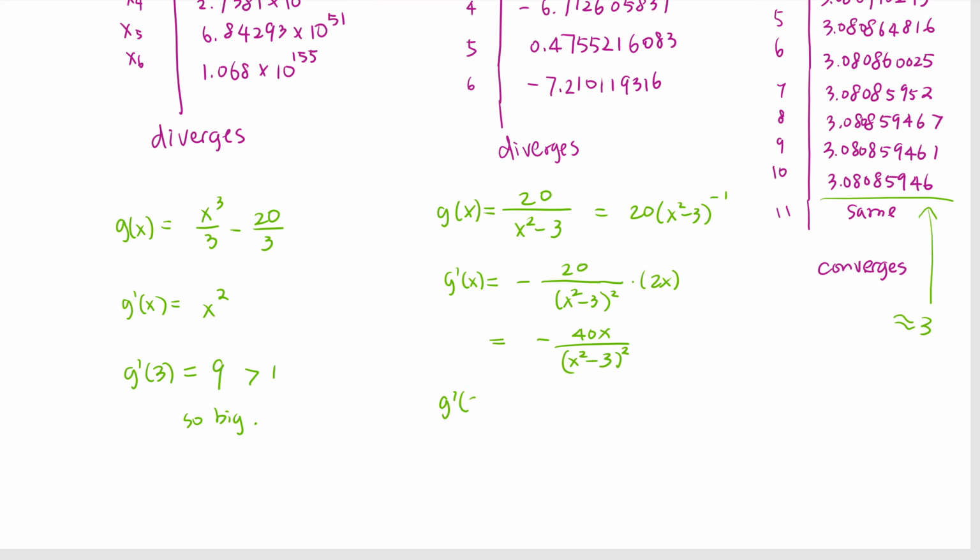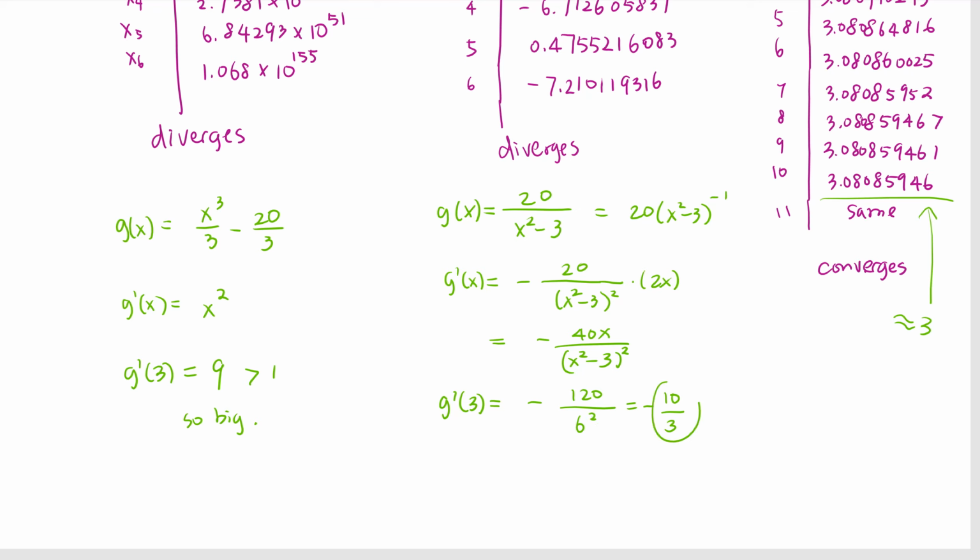When we plug in 3, let's see what happens. Minus 40 times 3, 120. 3 squared is 9. 9 minus 3 is 6. 6 squared. Wow. We can carry this out, and we can also get rid of 2. We get 3, and this is 10. Is that okay, everybody?